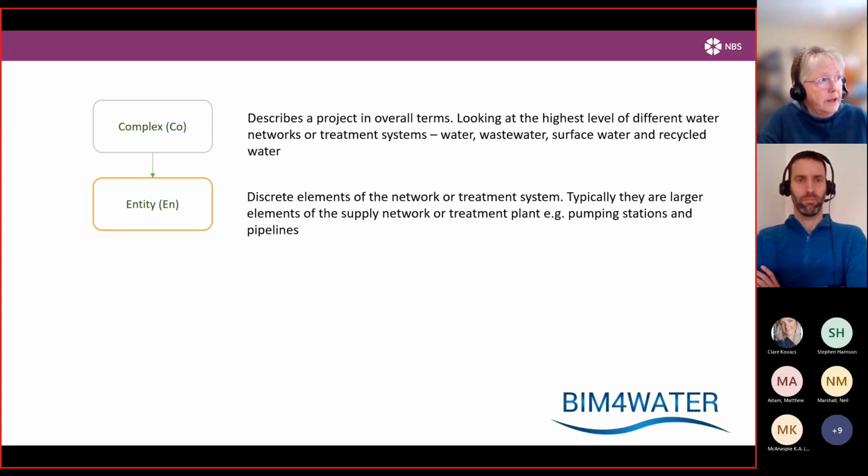So the next one down is an entity, and the way the standard describes this, it's a discrete element. It's a part of something, and you have a number of different entities which come together within your complex. So your complex is the umbrella description, and then the entity is a smaller, more discrete part of that complex.